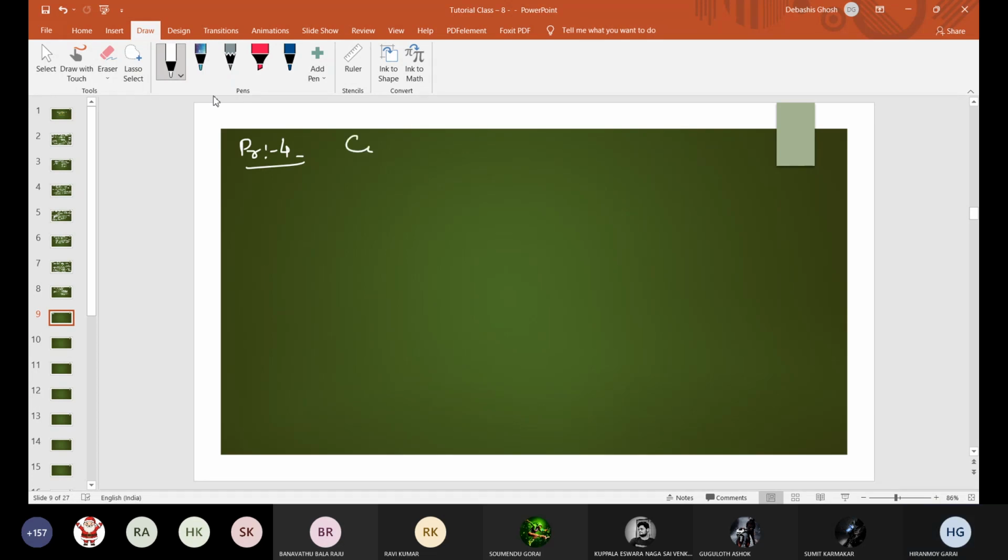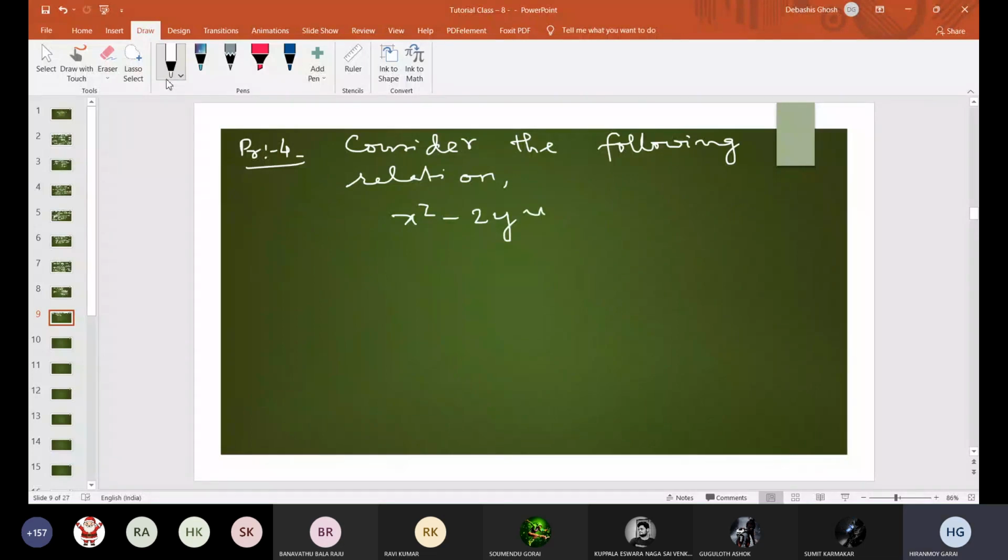So consider the following relation: x square plus 6 and xy square plus 2y square plus 2 minus.